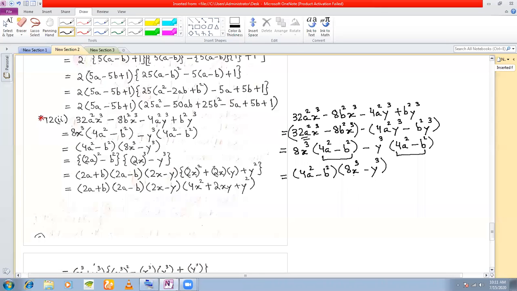This has been split into 2 factors, but remember, again, this can be split into further 2 factors to give you 4 factors. How? Because 4a square minus b square is nothing but 2a whole square minus b square. So this is clearly a difference of 2 squares. Also, this expression 8x cube minus y cube is a difference of 2 cubes.